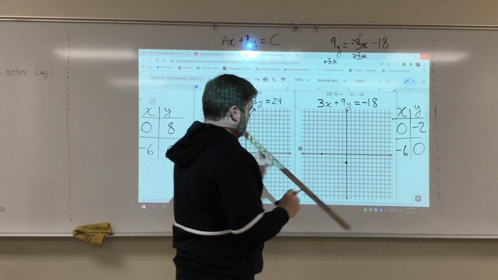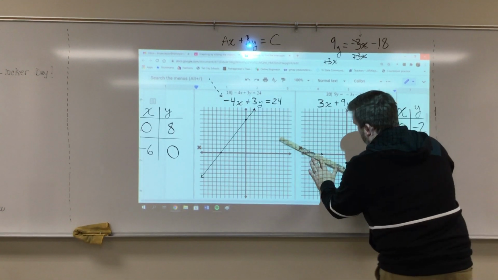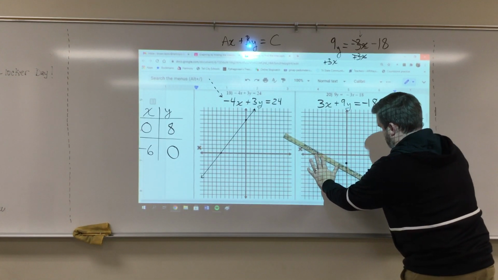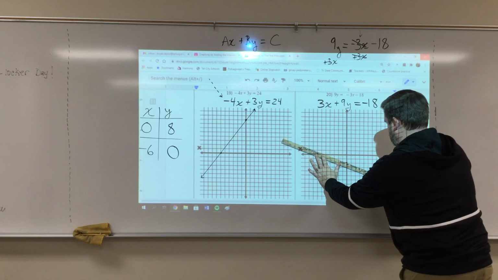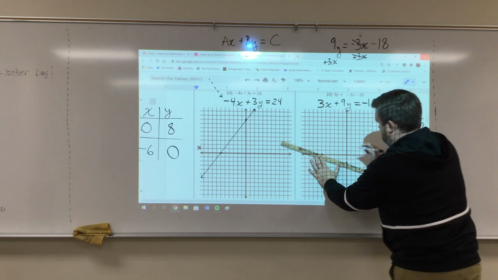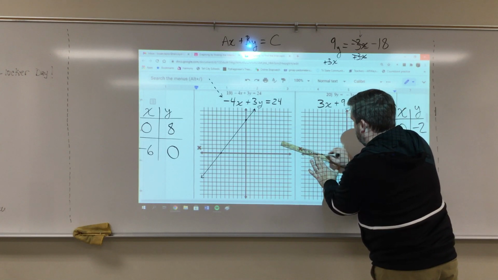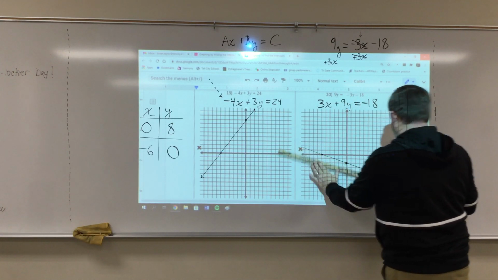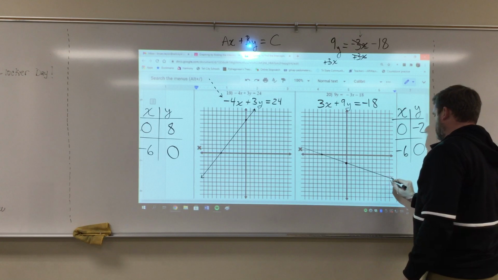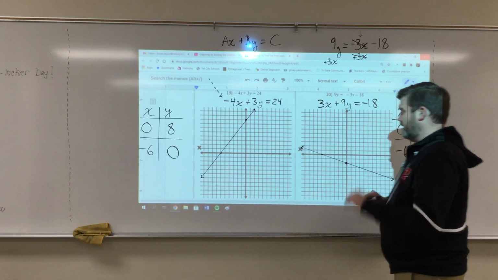So there's my two intercepts. And there is our graph.